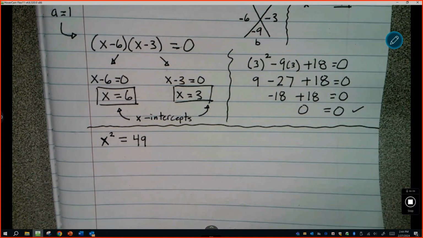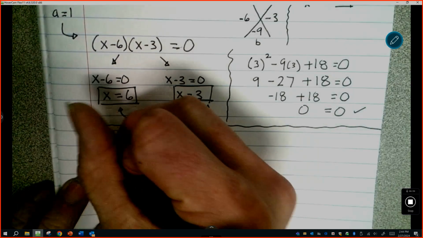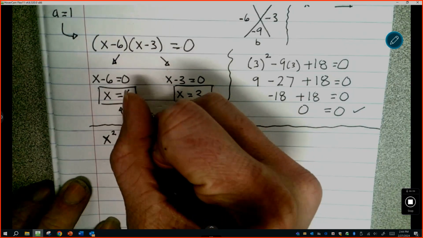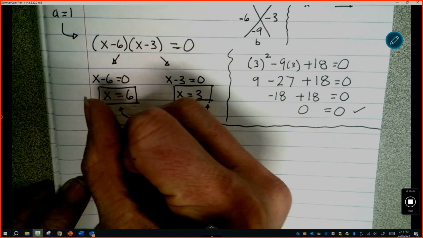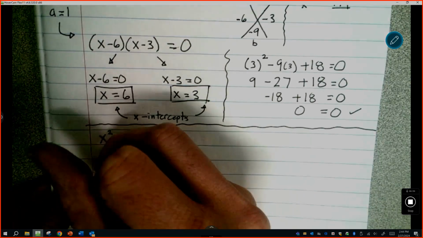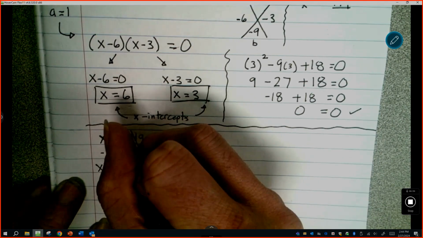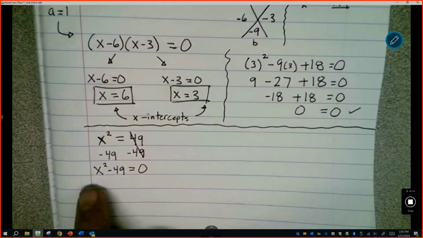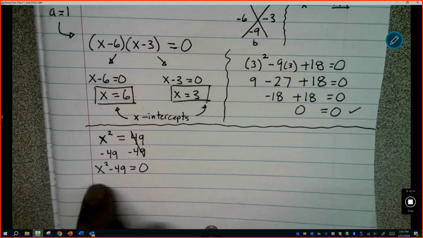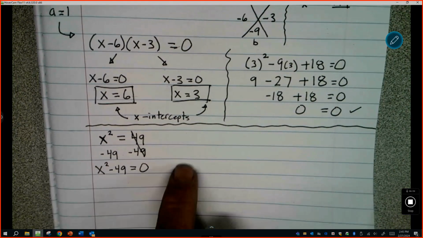If I subtract 49 on both sides, now I'm going to have a 0 on the right and an expression on the left. So let's do minus 49 on both sides. When I do that, these cancel, and I'm left with x squared minus 49 equals 0.